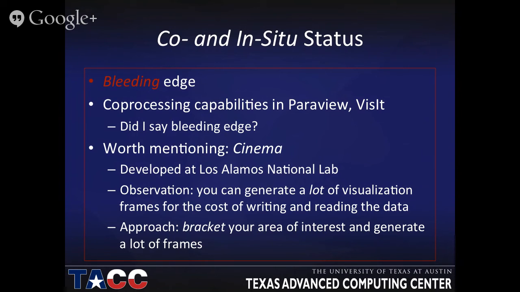It derives from the observation that you can generate a lot of visualization pictures for the cost of writing out a time step. So rather than generate a single picture for each time step, you produce every picture that you might think you might need for that time step. And you store all of them because they're all going to be vastly smaller than the time step itself, and it's going to take far less time to do it. And then you can interactively manipulate those afterwards.